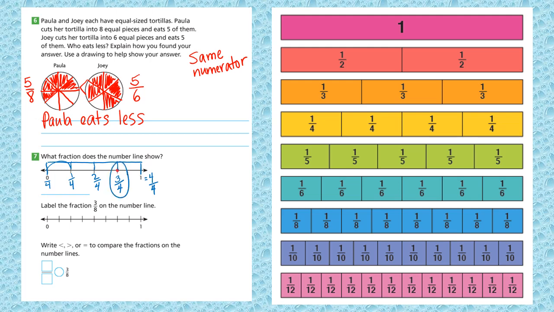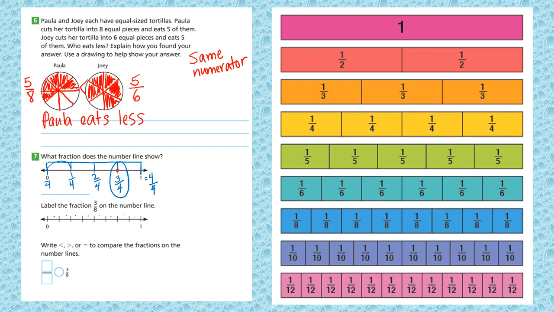And we would do the same thing with the next one. Label the fraction 3/8 on the number line. In this case, they tell us what the denominator is. So according to 3/8, there should be 8 equal parts from the 0 to the 1. 1, 2, 3, 4, 5, 6, 7, 8. That's correct.